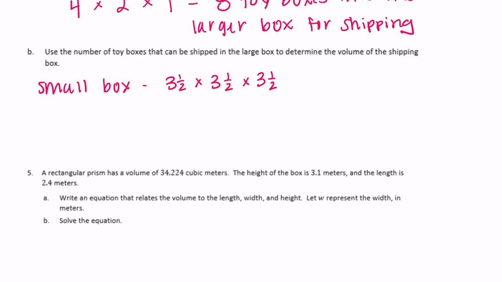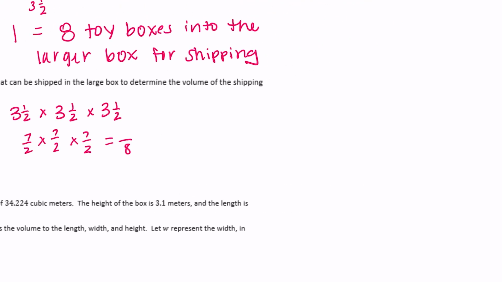So we get 7/2 times 7/2 times 7/2. 2 times 2 times 2 is 8. And 7 times 7 is 49, times 7 is 9 times 7 is 63, 7 times 4 is 28, plus 6 is 34. So 343 eighths.